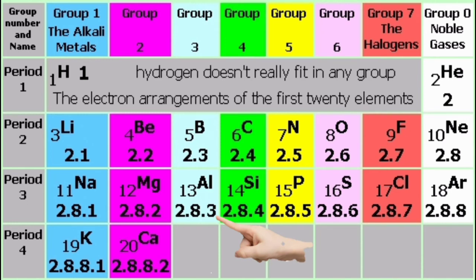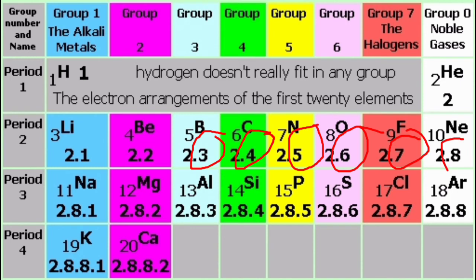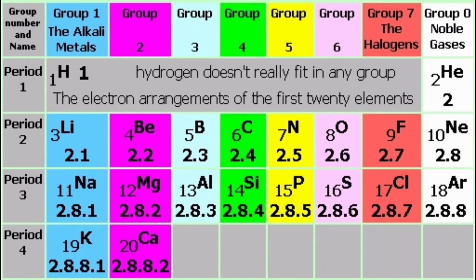The number of valence electrons determines the group the element is placed. If the valence electron of the first 20 elements is 1, it is grouped at group 1. If the valence electron is 4, it is group 4. If the valence electron is 7, it is group 7.